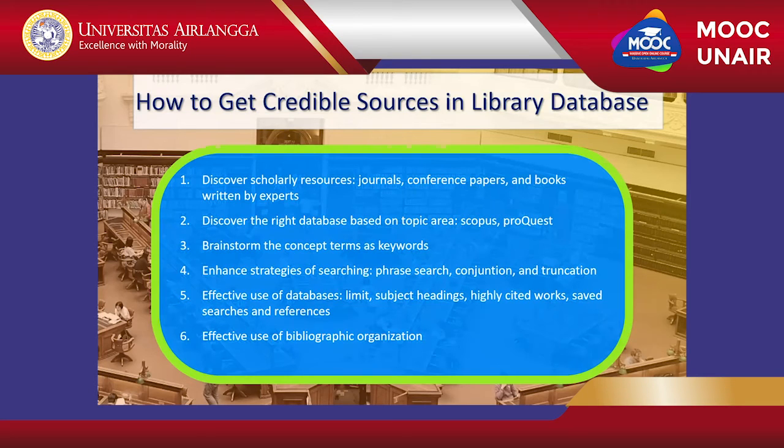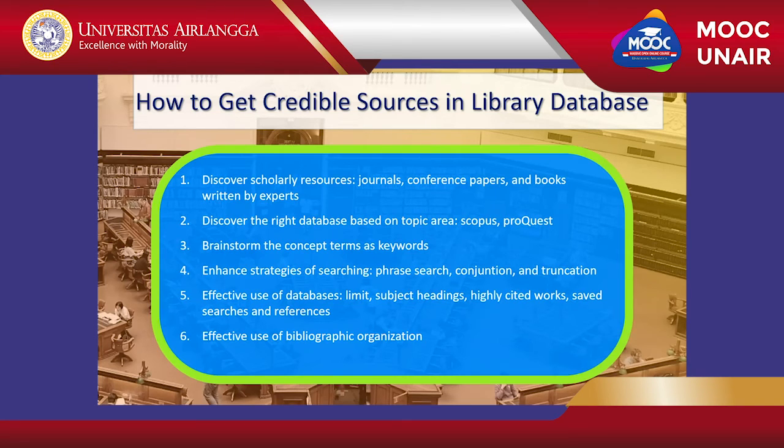We discussed this in the last video that it includes journals, papers, and books. Second, to maximize its efficacy, please be sure that you are in the right database for the topic you are searching.